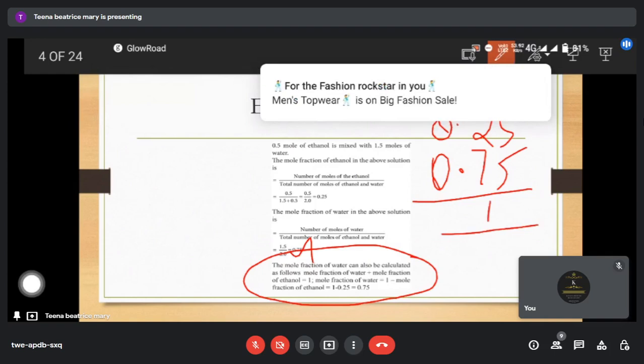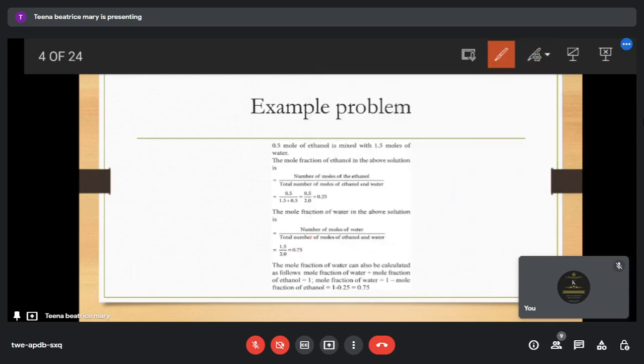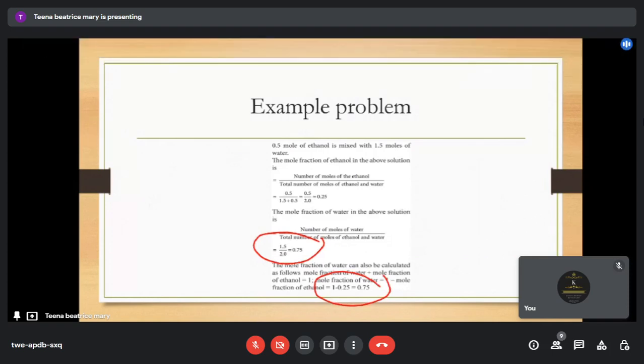So 1 minus the mole fraction of ethanol. From that 1, you subtract the mole fraction of ethanol, and you will be getting 0.75. That is the mole fraction of what? Water. Okay. Either you can go like this, or you can subtract from 1 and you will easily get it. So based on this, we can now work out a sum.